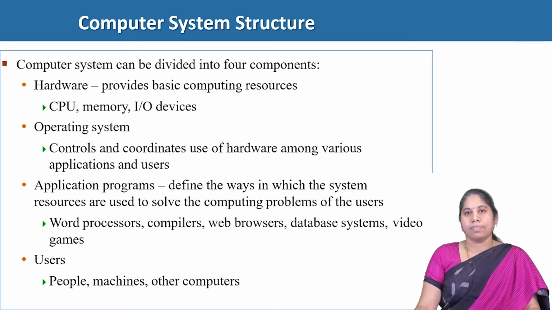Now, to make these parts functional and let the user interact with them, we require some software. That software is the operating system. What the operating system does is control and coordinate the use of hardware among various applications and users.